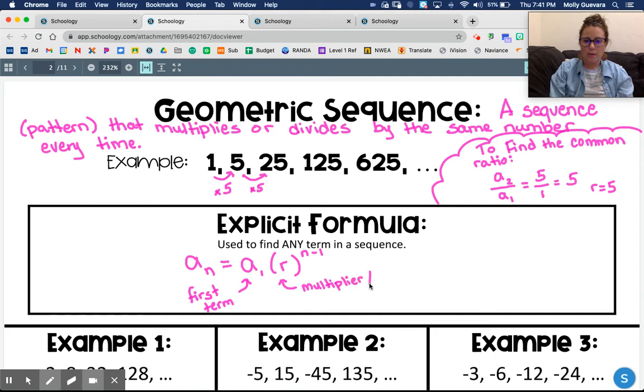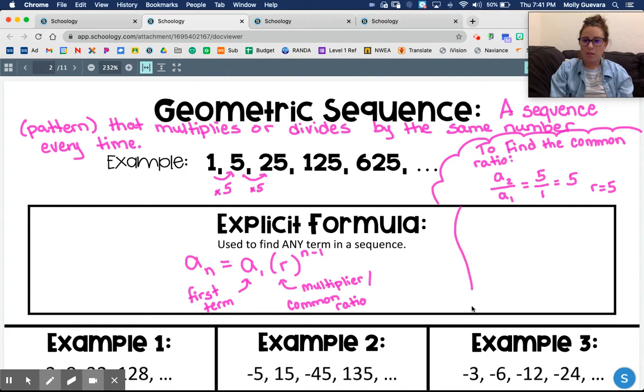When we're talking about sequences, we call it the common ratio, so we use the letter r for ratio. And n, just like with arithmetic sequences, is the term number. If I want to know the 50th term, I plug in 50 for n and solve it. So that's my explicit formula.